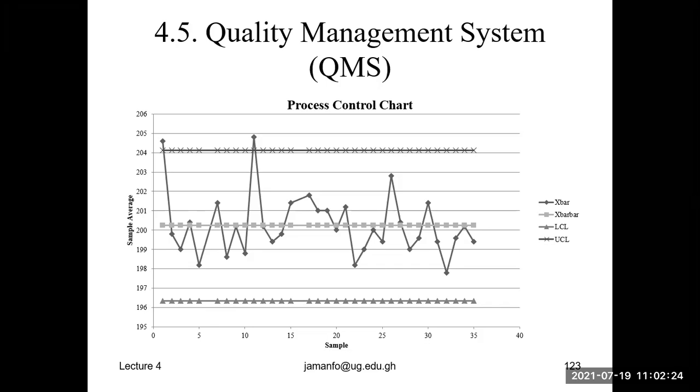We can have 399 grams. We can have exactly 400 grams. But when they fall below 380, below this bar, or when they go beyond 400 to about 420, then it means the process is not in control. And we need to pause our production, set the process in control, and make sure that we are within the upper and lower control limits.